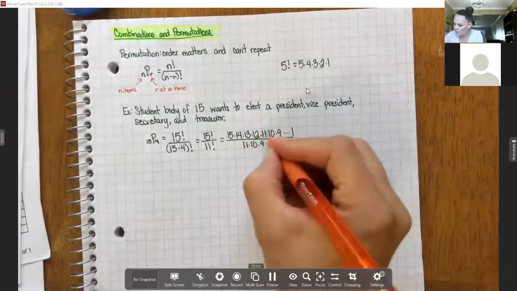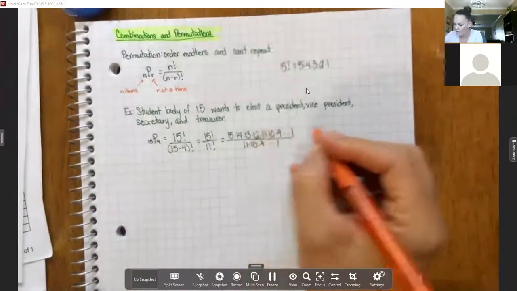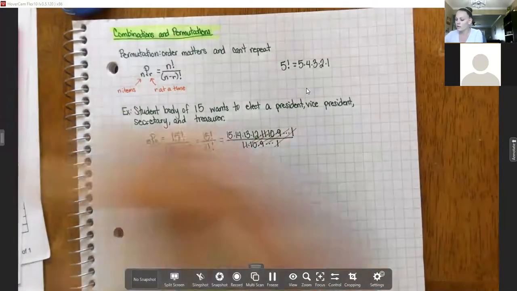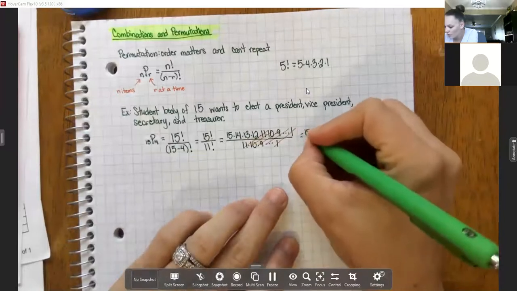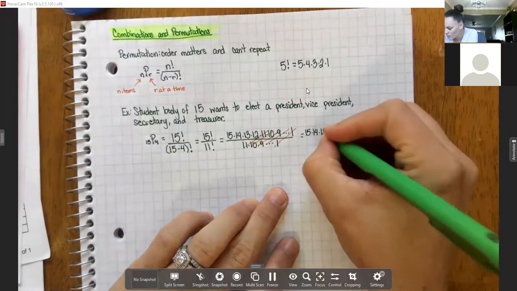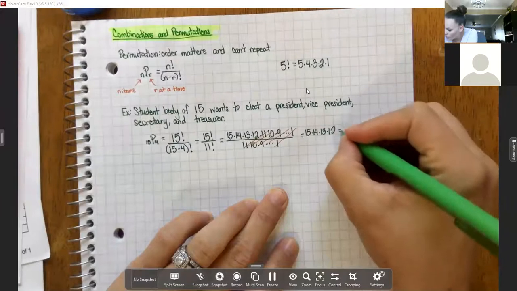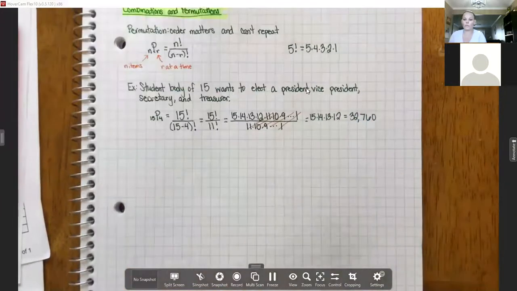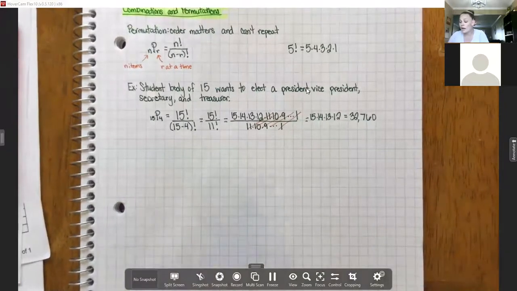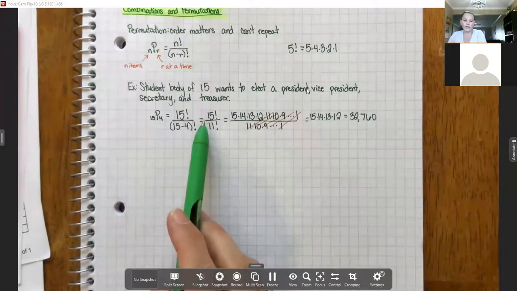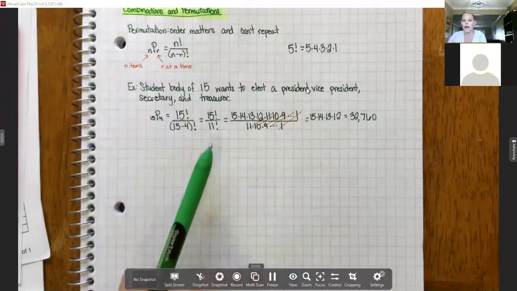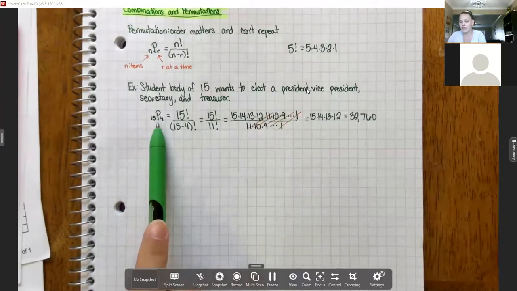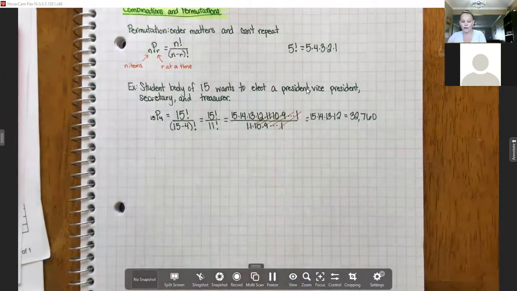So 11s cross out, 10s cross out, 9s cross out, everything in between would cross out, and the 1s would cross out. So this would just be 15 times 14 times 13 times 12, which would be 32,760. Again, you can find this button on your calculator. The graphing calculators, it's under math and then probability. You can even type it in like this, but it's not hard to kind of write these out.